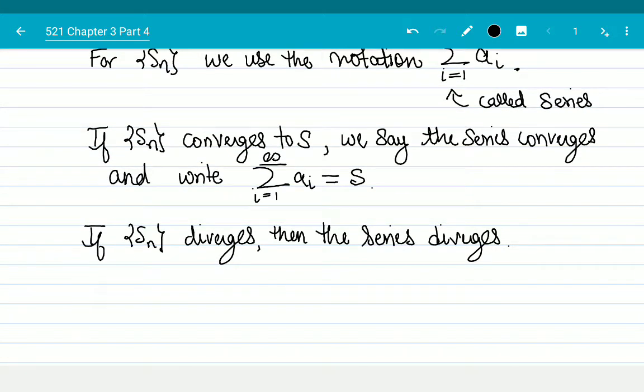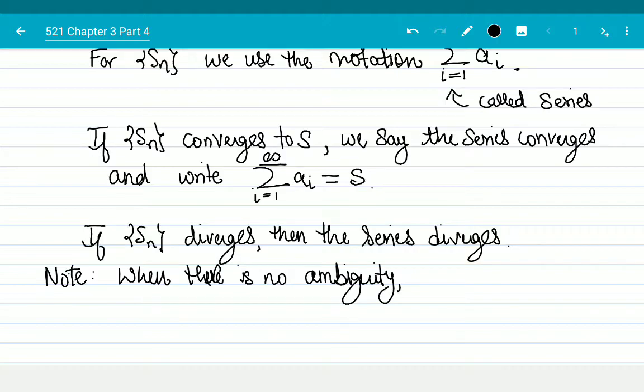If there is no ambiguity, we generally write shorthand notation: when there is no ambiguity, we write summation an for the series.